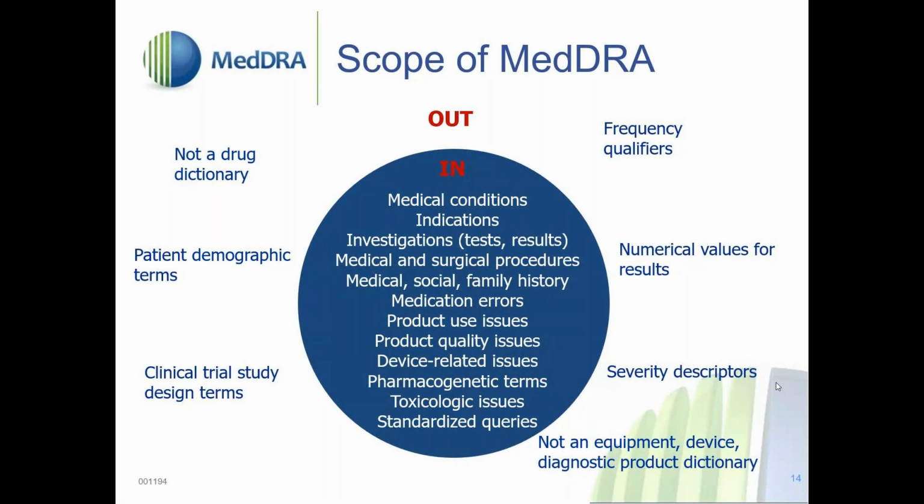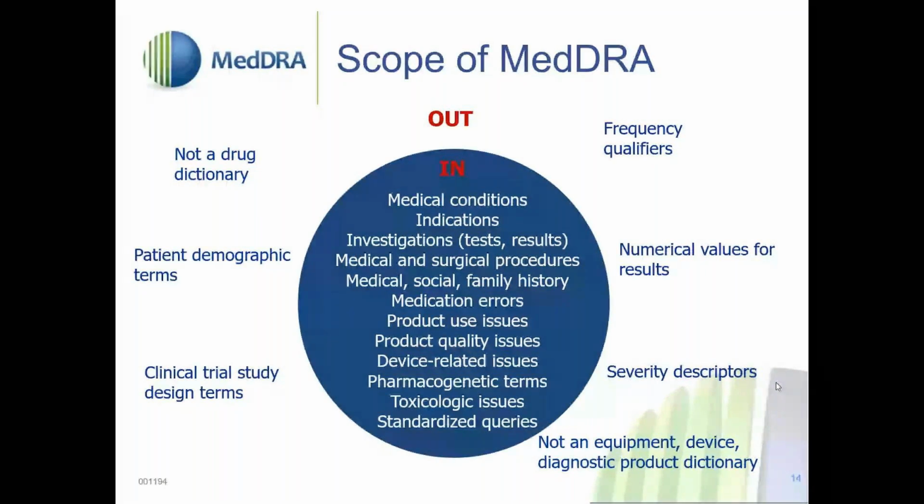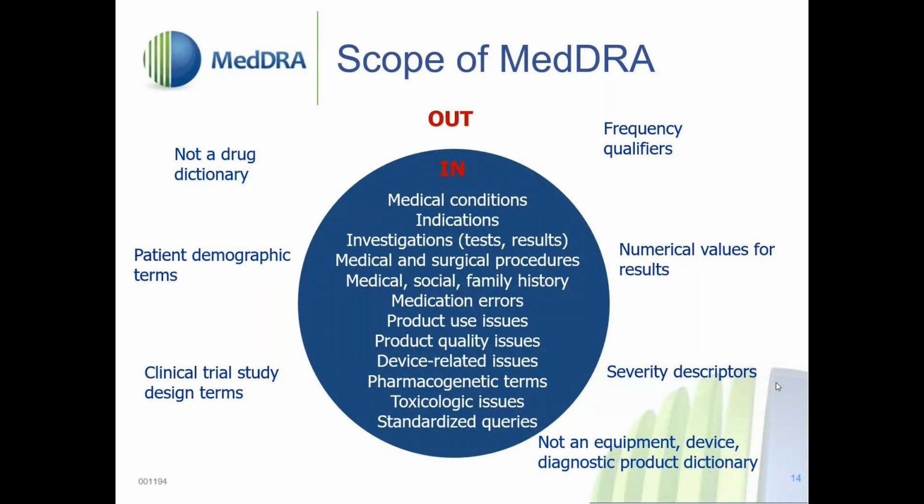You will only find a few of them on PT level where clear medical definitions exist for the characterization of the condition, like in the case of PT severe acute respiratory syndrome, SARS. You will not find any numerical values for investigational results, but qualifiers like normal, abnormal, increased or decreased, or positive, negative. And patient demographic terms related to race, gender, age, etc.